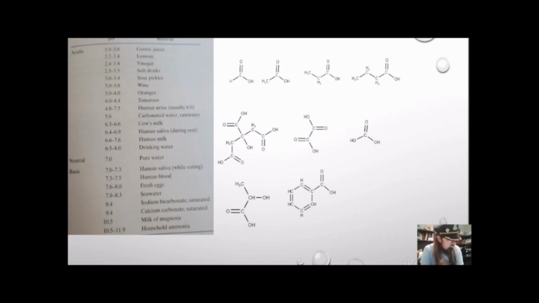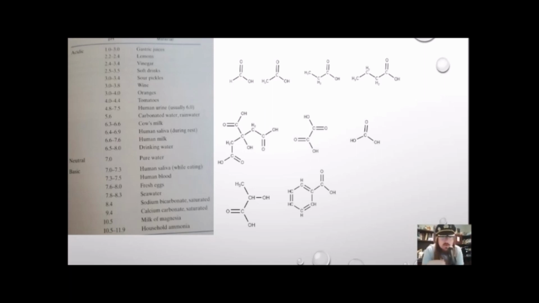Now, acids and bases are most common in food. The most common form we'll see is a carboxylic acid, which is a functional group of the C double bond O with an OH. We saw this in the organic chapter. It's the combination of the ketone or aldehyde functional group with a hydroxyl of an alcohol.